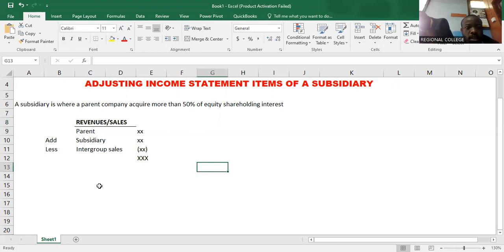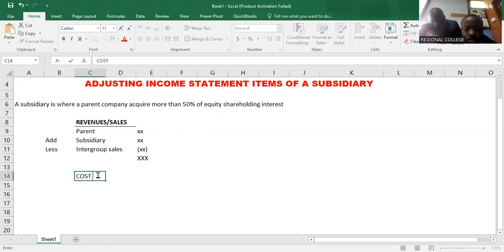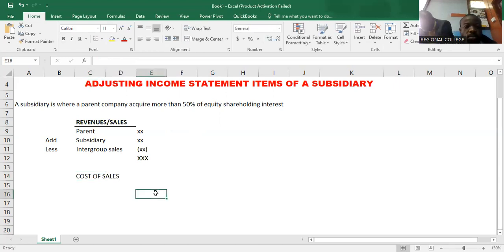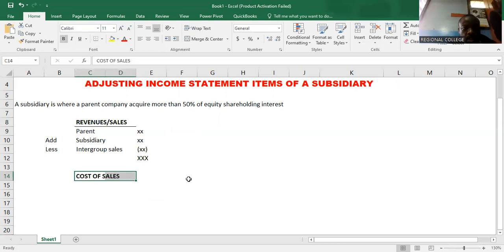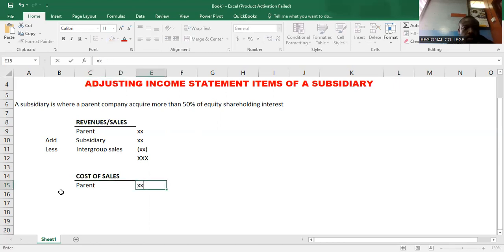Then I can check the value of the cost of sales. So how can you adjust the cost of sales? You also pick the value of the parent. You add the value of the subsidiary.